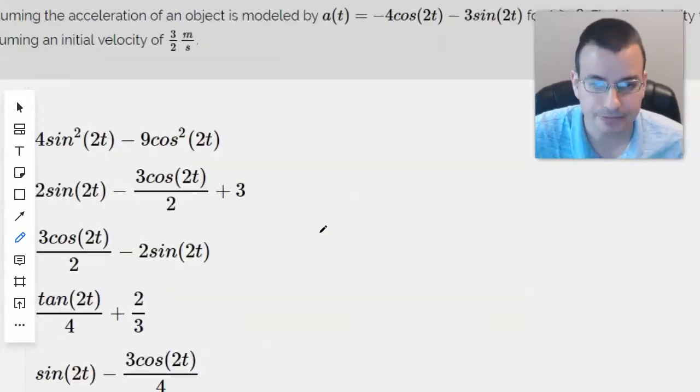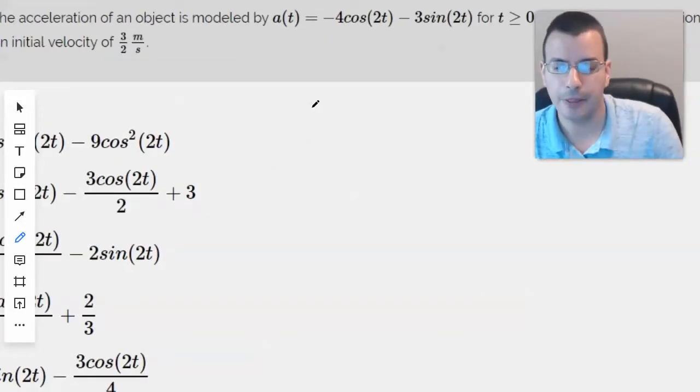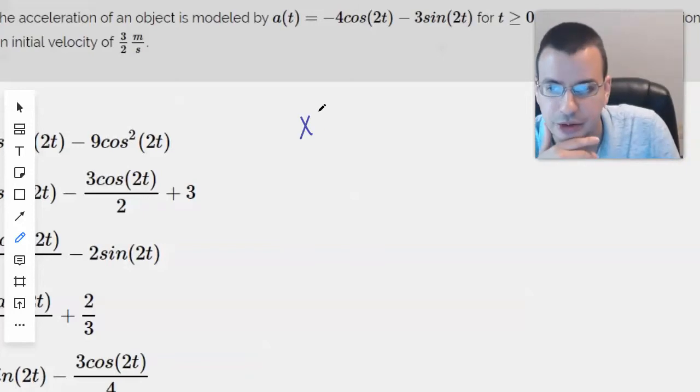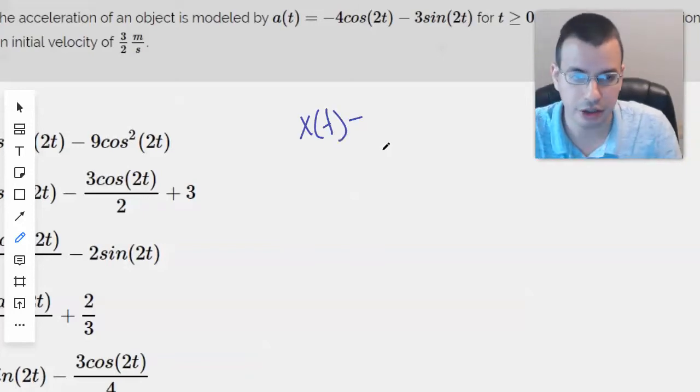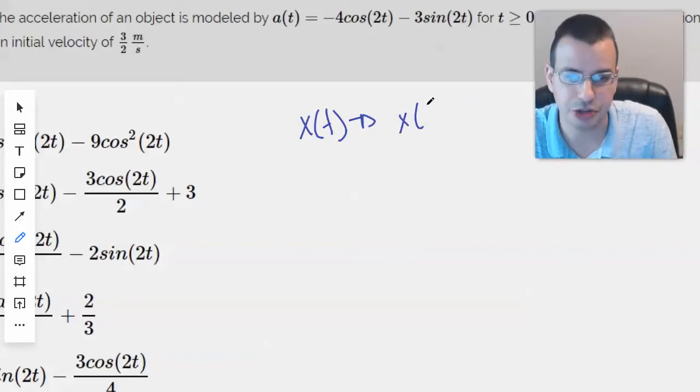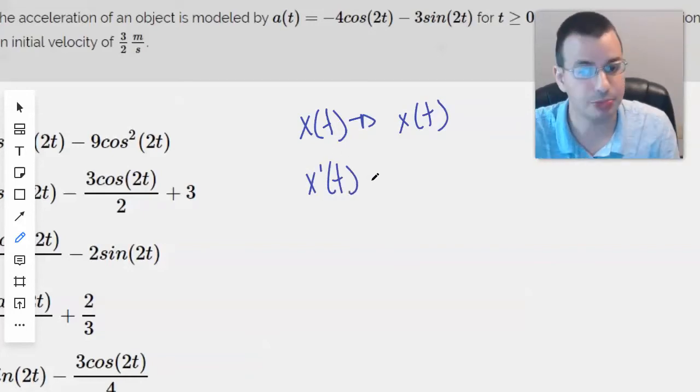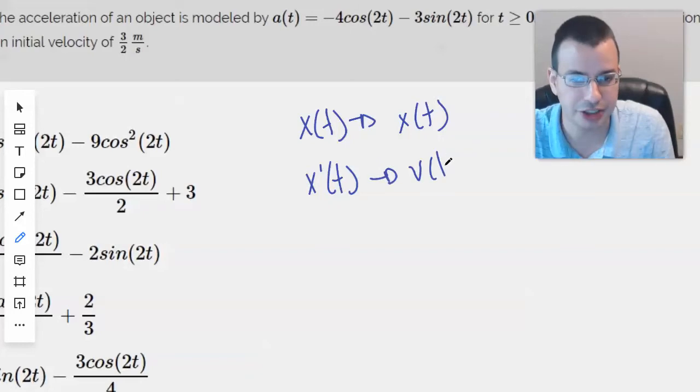Okay. So the key idea here is, if you have position with respect to time, and you take the derivative with respect to time of that, x prime of t, that will give you velocity with respect to time.